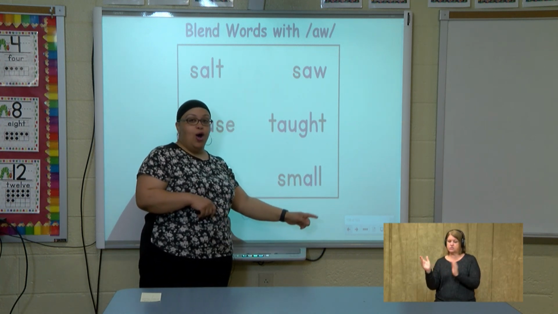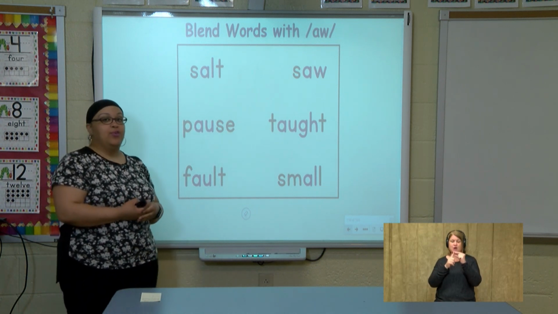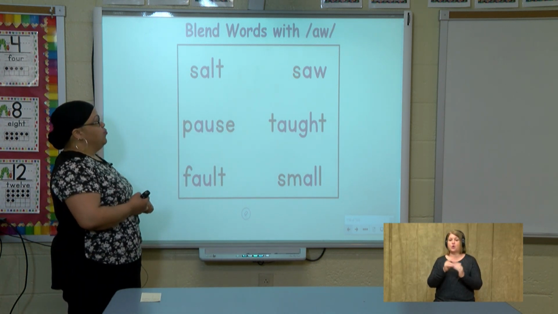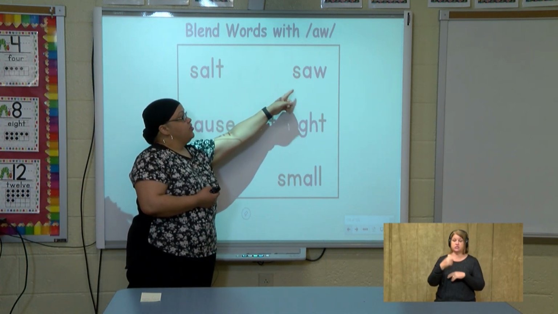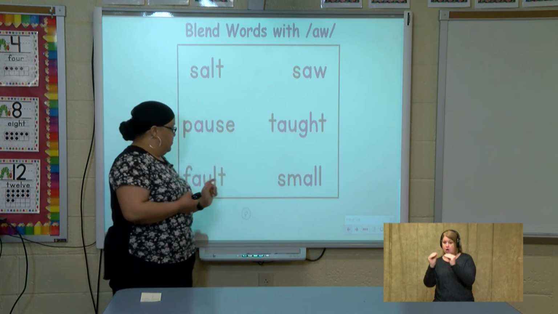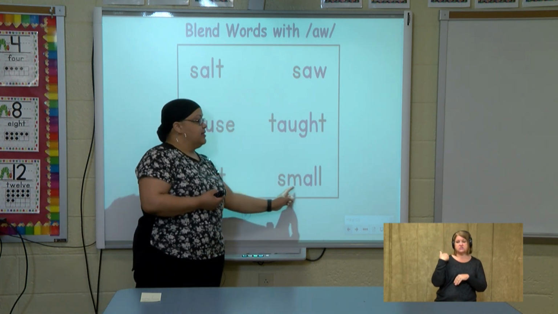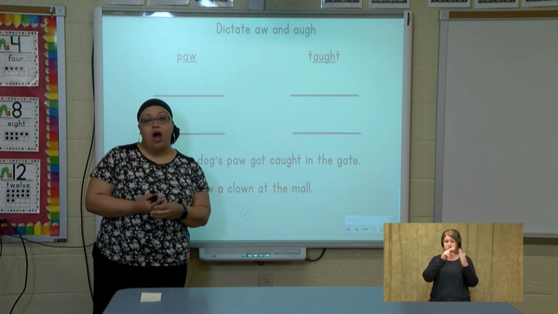All, small. Good job reading those words, sounding those words out with ah. Let's read them together. Ready? Read. Salt, saw, pause, taught, fault, small. Good job. All right, let's write some words with ah.